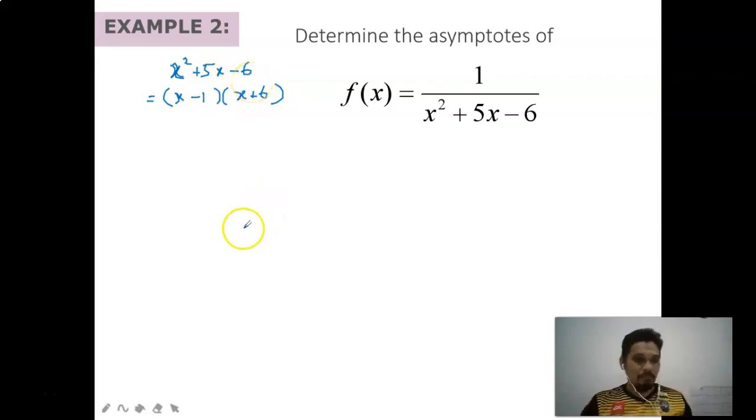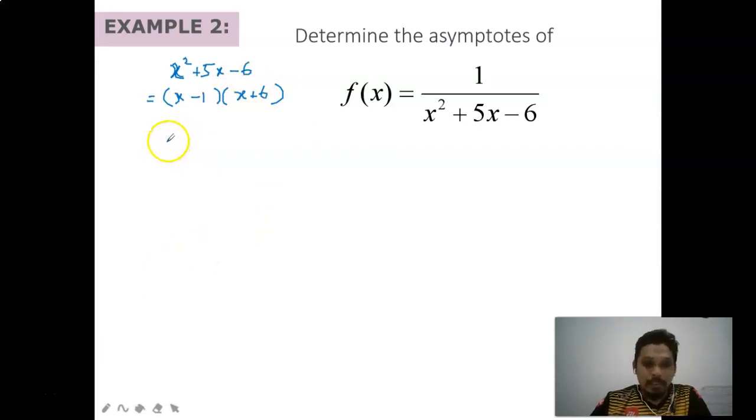So then x equal to 1 and x equal to negative 6. We got negative 6 here and 1.